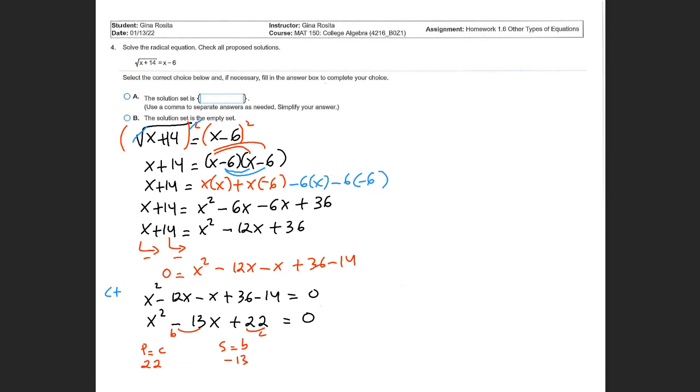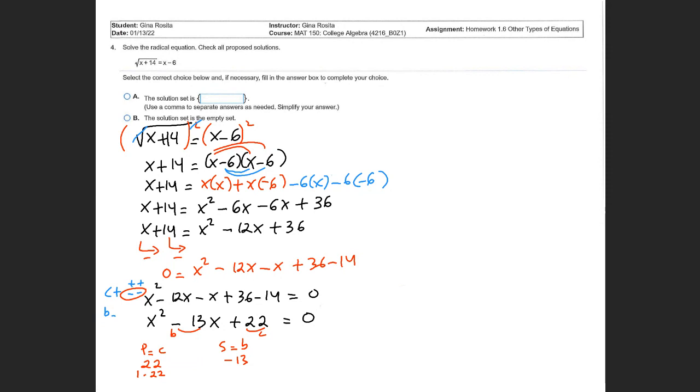So the factors must be positive, positive or negative, negative. Look at B. B is negative. So we choose negative, negative. So we need negative 13. The product 22 is 1 times 22.